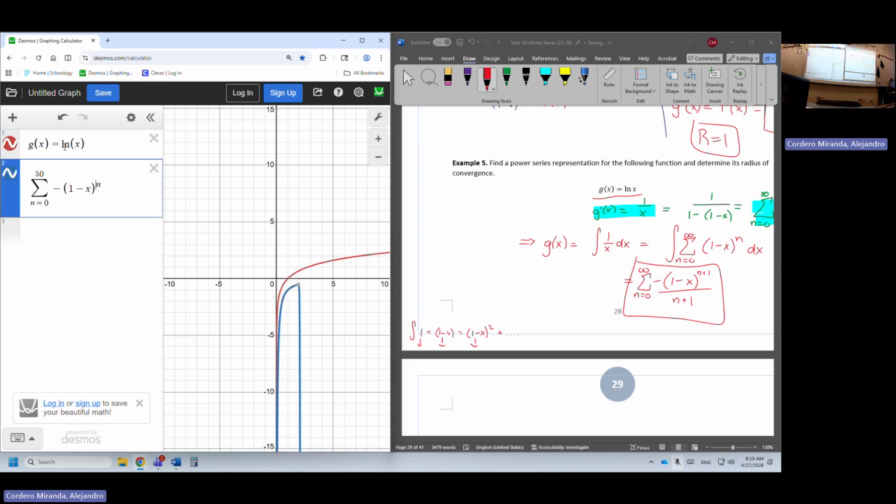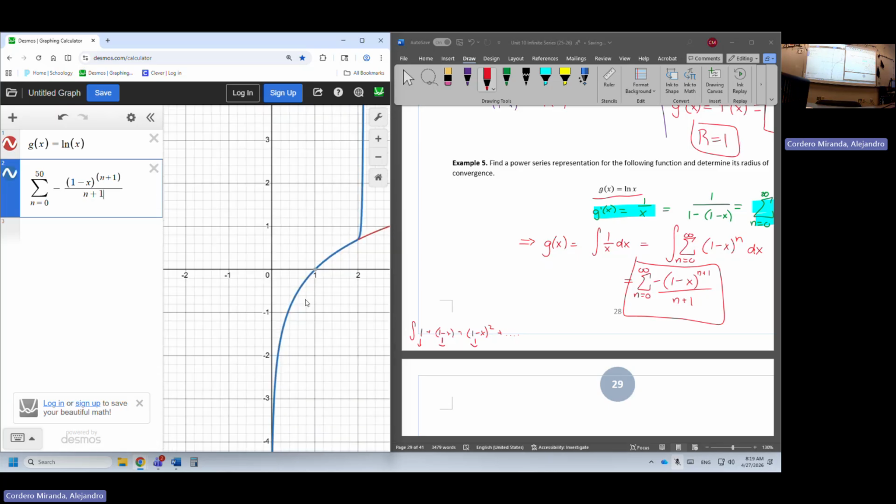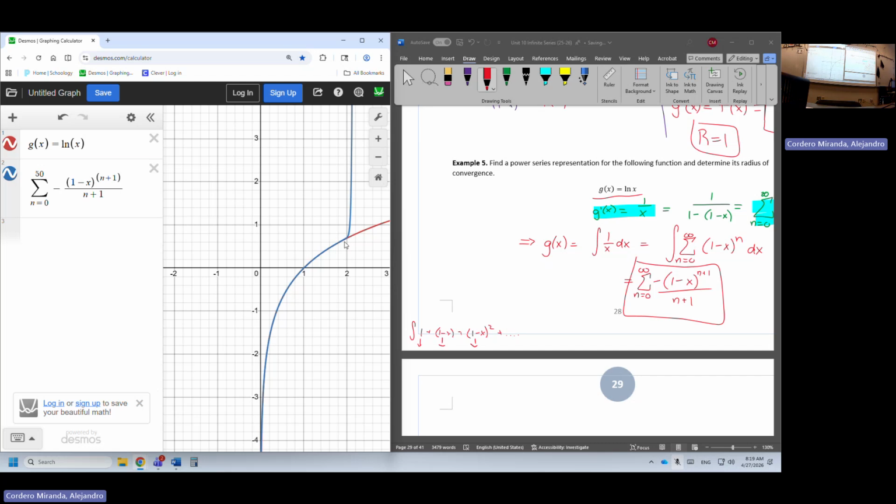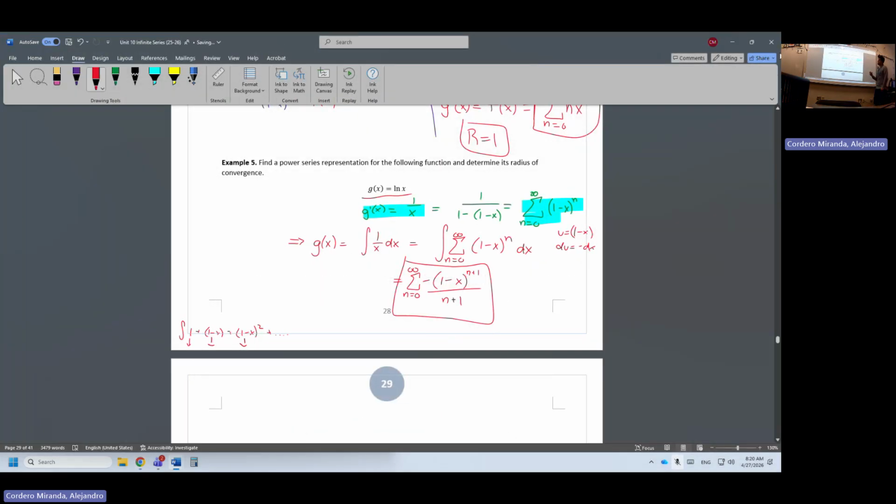Ooh. And you can see it matches it really well up to its radius of convergence, like up to its interval of convergence between 2 and 0. Cool. All right. So we did good. What was I going to say?